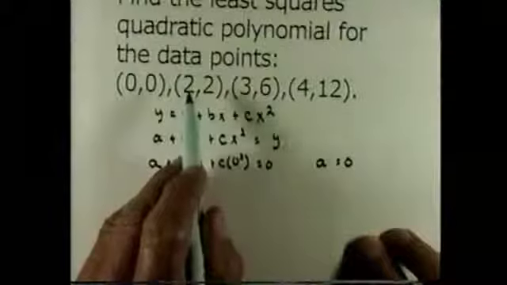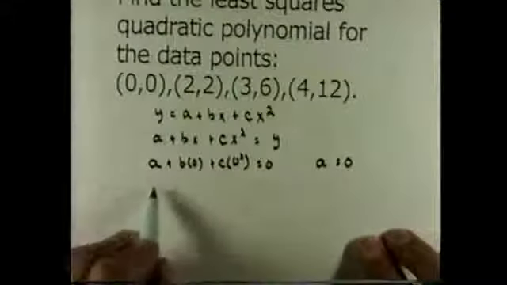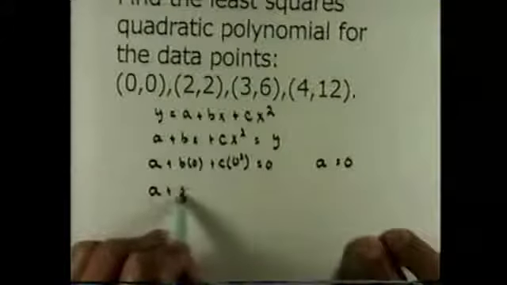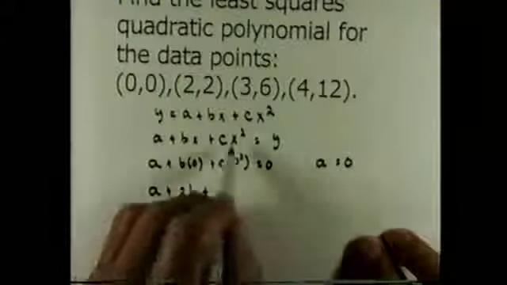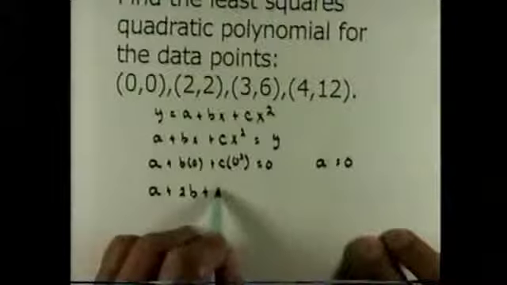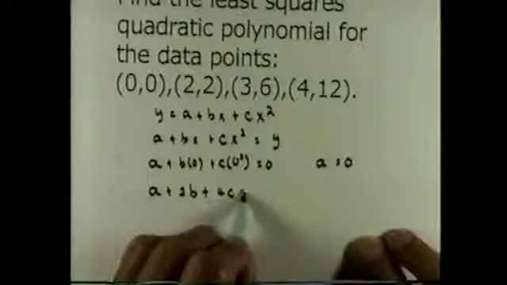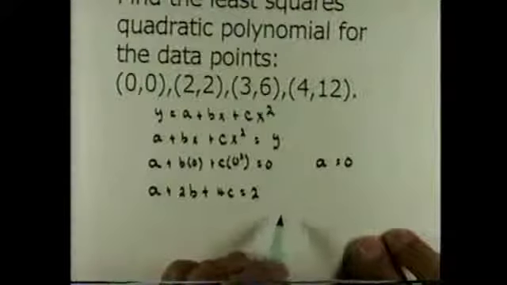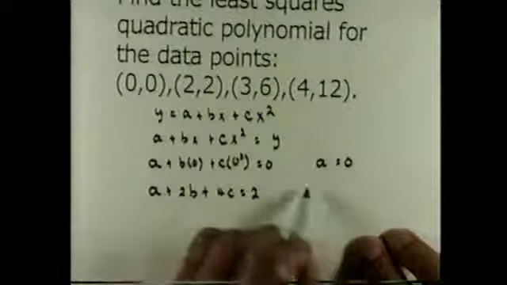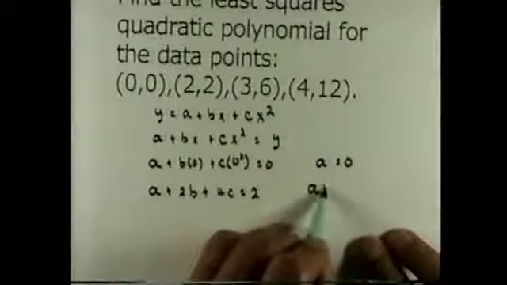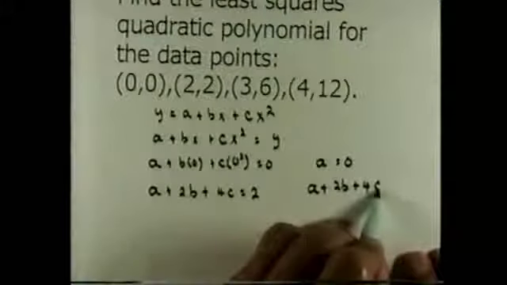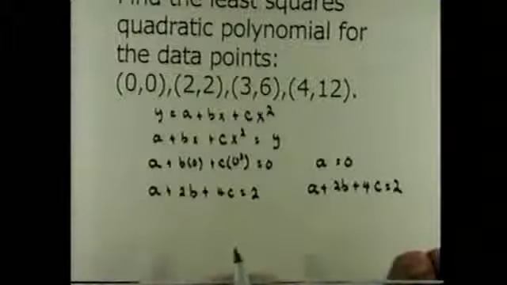Here I have x is 2, y is 2. So I have a plus 2b plus 4c equals 2. So I'll just write it over here: a plus 2b plus 4c equals 2.